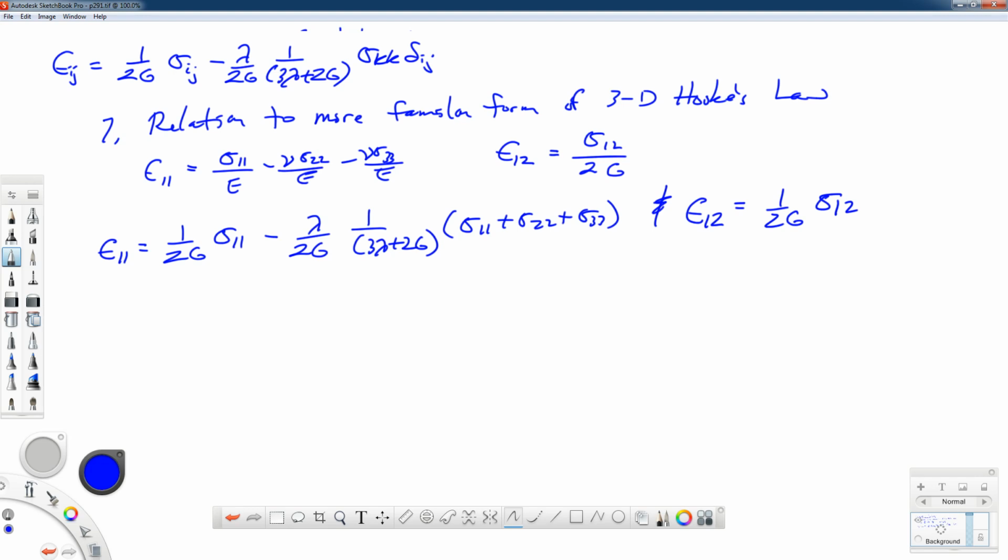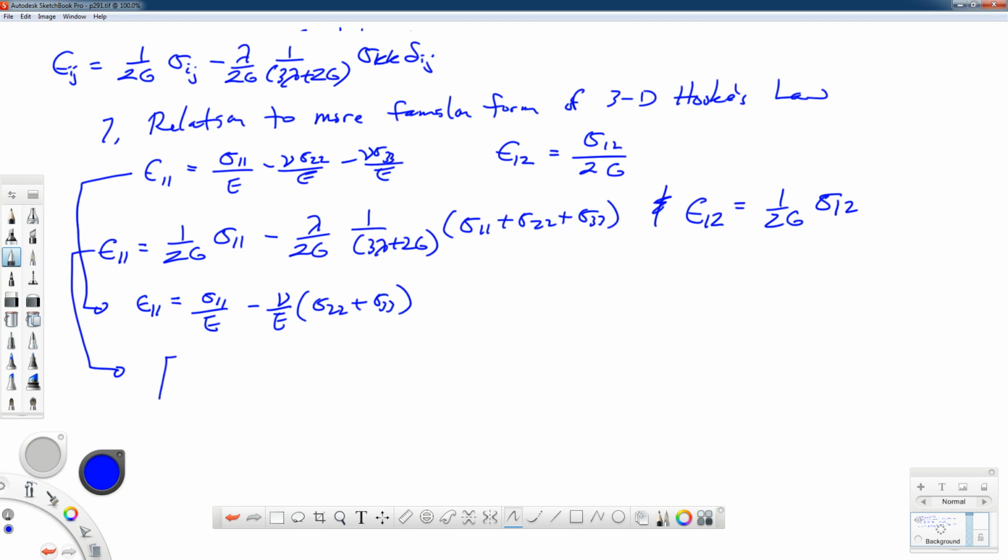And I'm going to take this top equation, I'm going to write it one more time down here. I'm going to have epsilon 11 is equal to sigma 11 over E minus nu over E times sigma 22 plus sigma 33. In this term, I'm going to collect terms together.